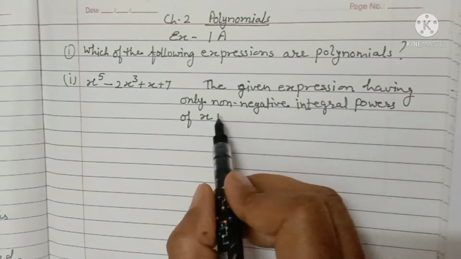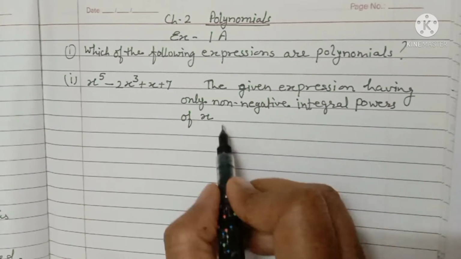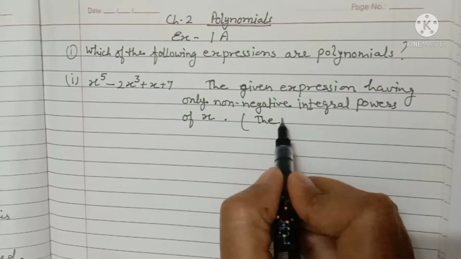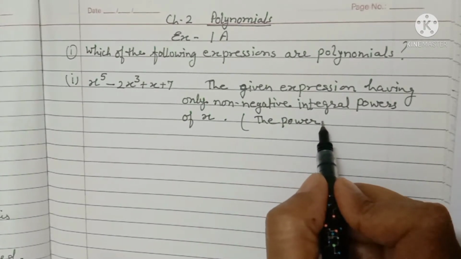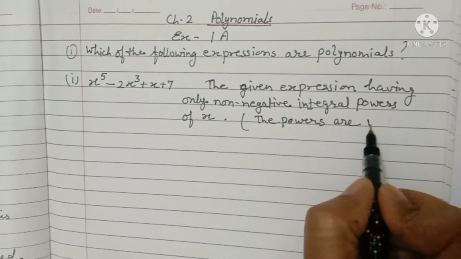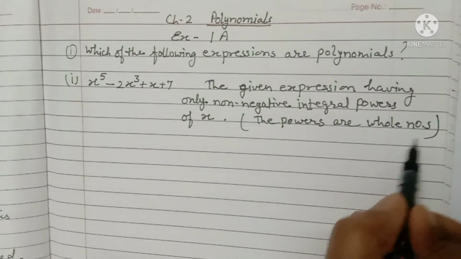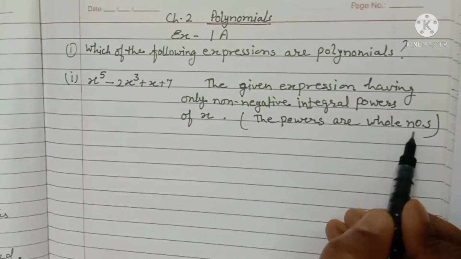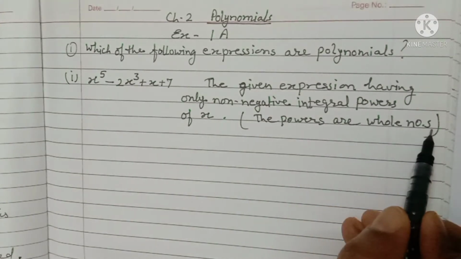The given expression has only non-negative integral powers of x, or we can say the powers are whole numbers. For easy understanding, non-negative integral powers means the powers are whole numbers.